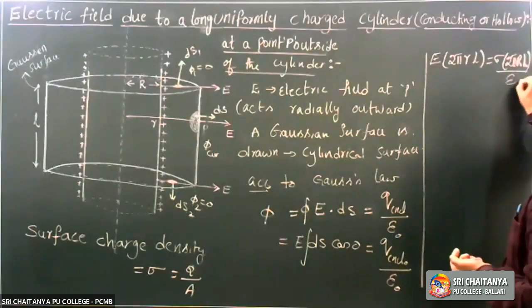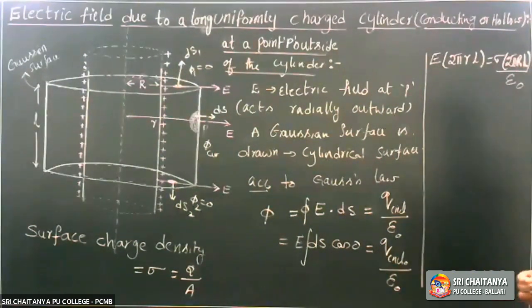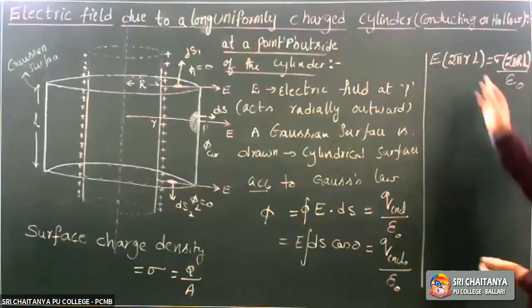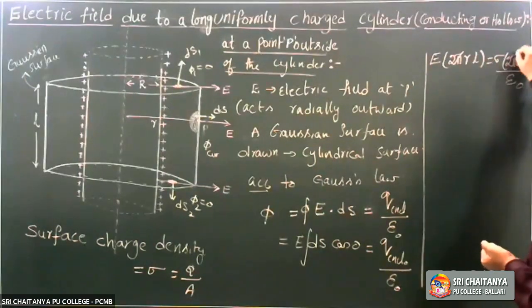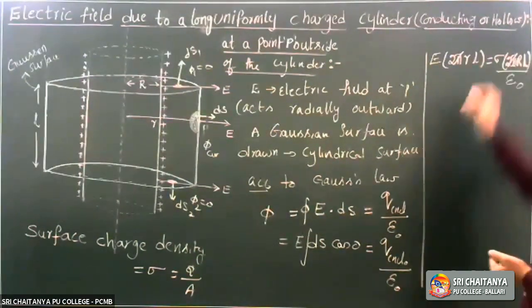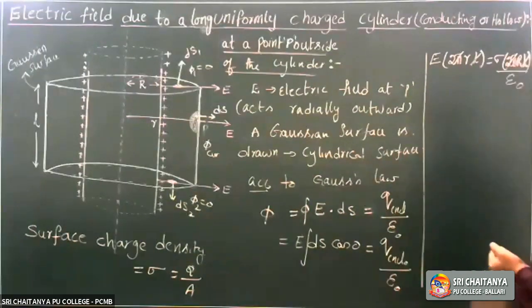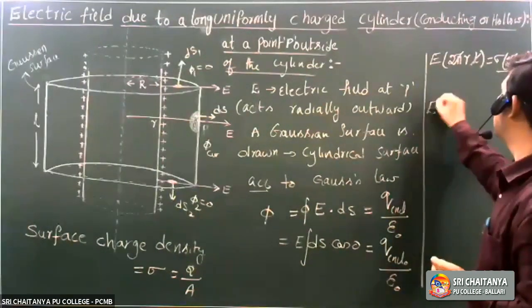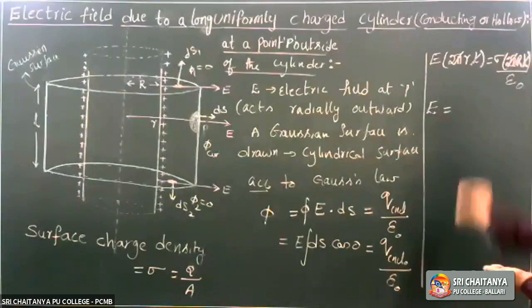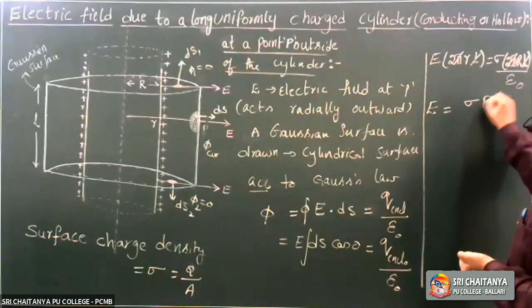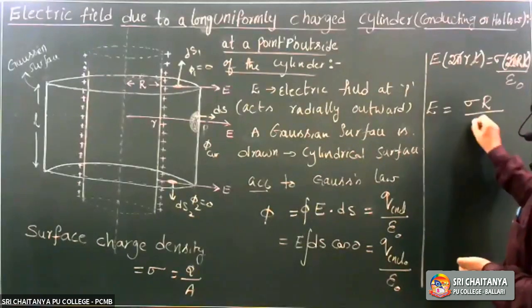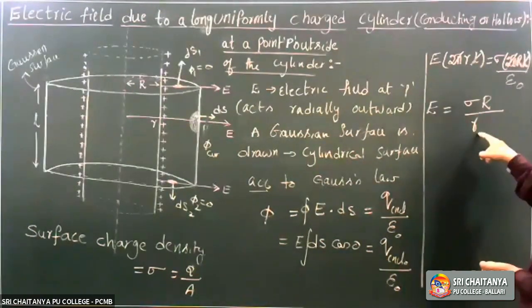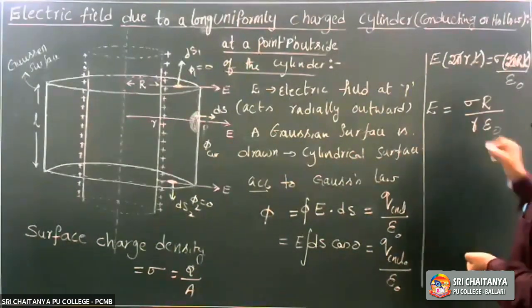by epsilon naught. So this is a very important point to understand, right? So what are the cancellations on both sides? 2 pi, 2 pi, L, L. Then what is E? E is sigma capital R by small r into epsilon naught.